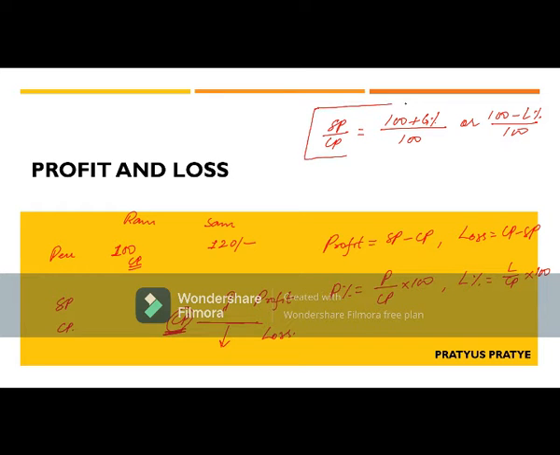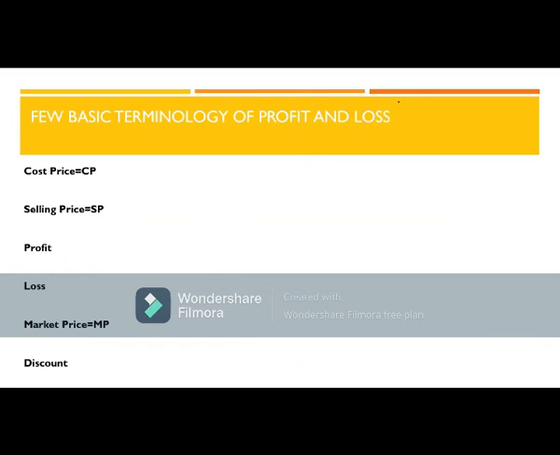Here we write the ratio of SP and CP on one side of the equation and the entire percentage part on the other side, so that our calculation becomes a little bit faster. We'll see all this when we solve problems based on this. Let's come to the next point.